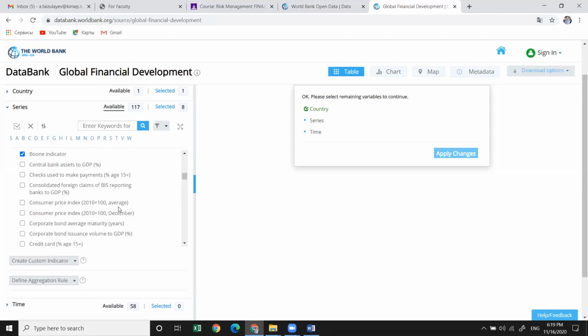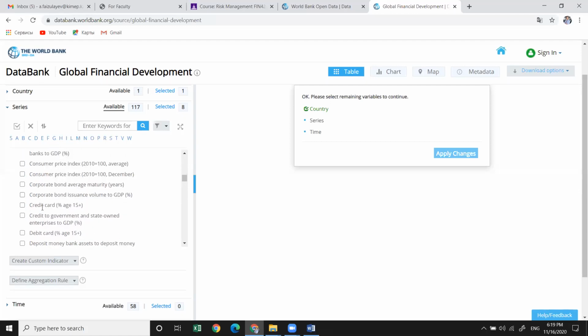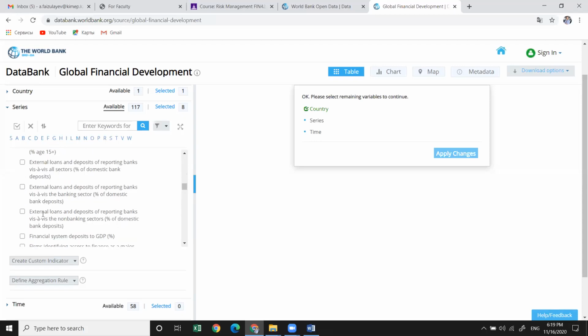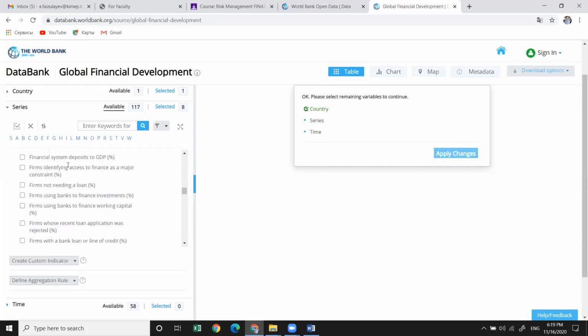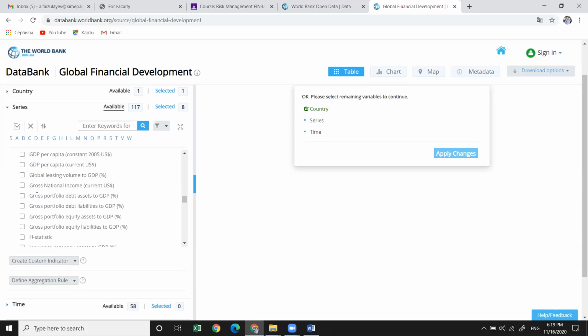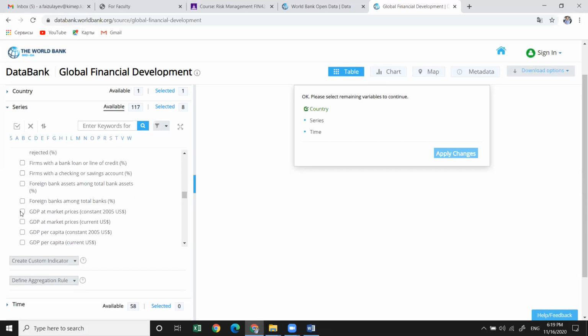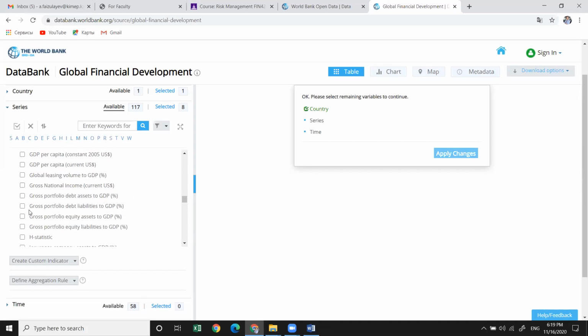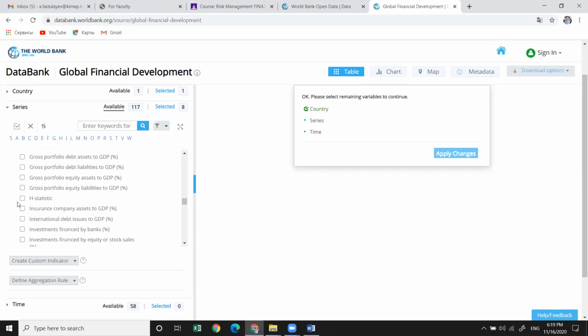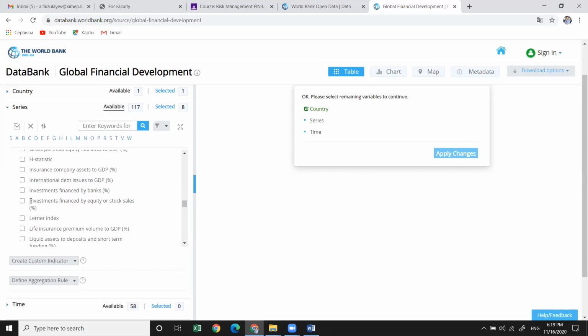Consumer price index measures inflation. Financial system deposit, the whole financial system deposit to GDP. So there are many ratios that you can use. The gross GDP at market prices, GDP growth, we can use. H-statistic is measuring the competition as well.